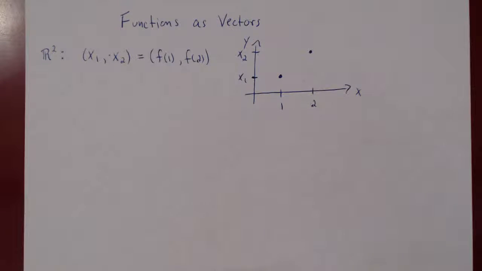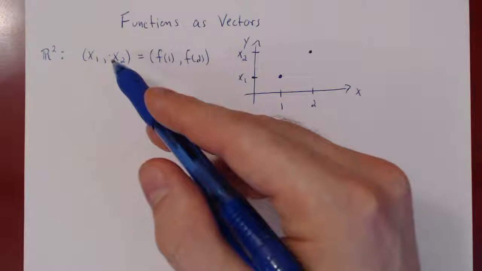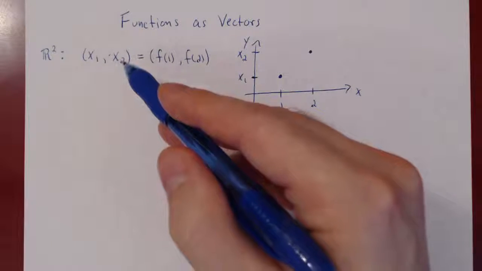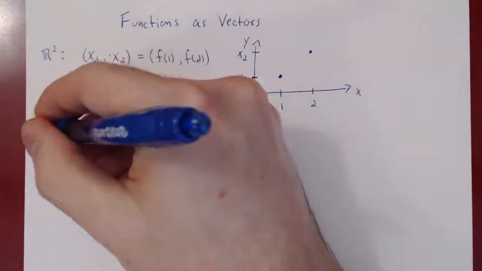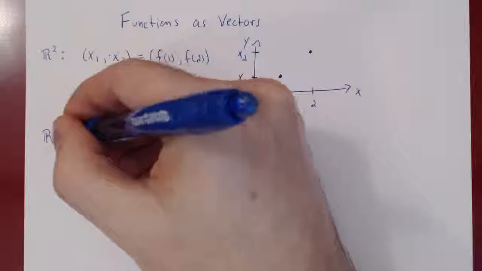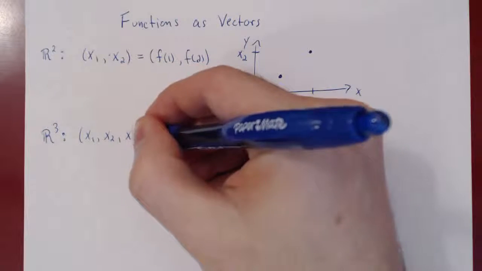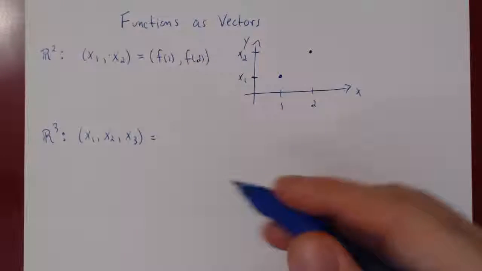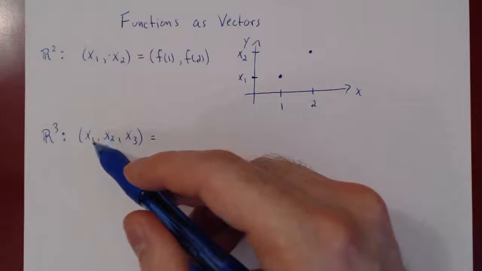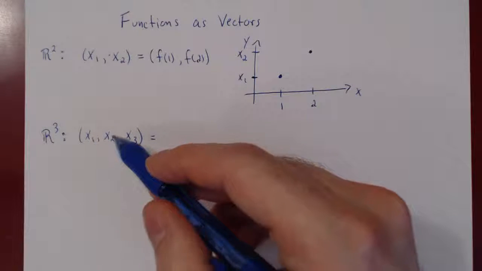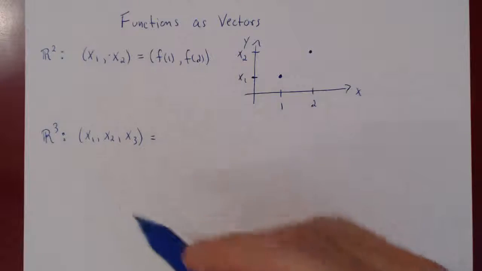Well, let's look at R3 now. We can naturally extend the idea of vectors in R2 to vectors in R3 by adding quite simply a third component to our vectors. And now what we have is an assignment of three real values. To 1, we assign the value x1. To 2, we assign the value x2. And to 3, we assign the value x3.